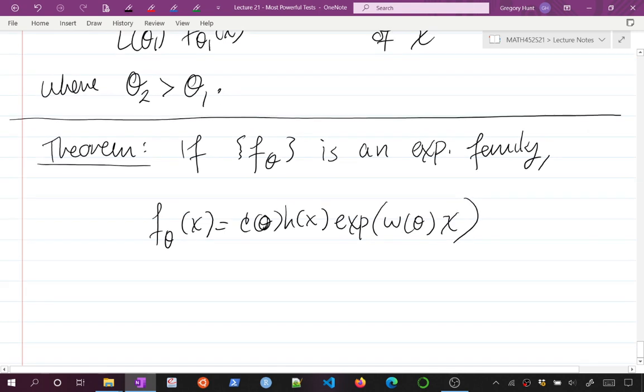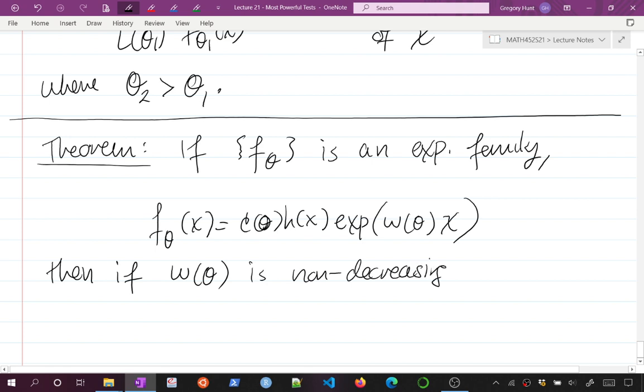So something like this. If I write it like this, notice I have not T of x, but x here. Then if w of theta is non-decreasing in theta, this family has the MLR property.